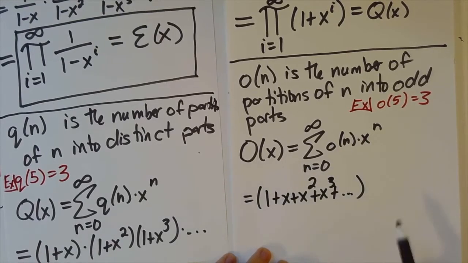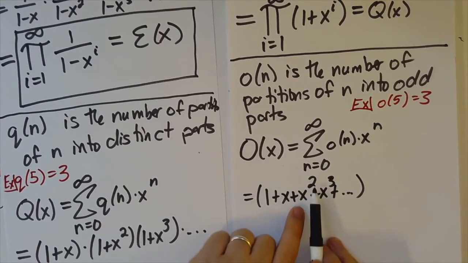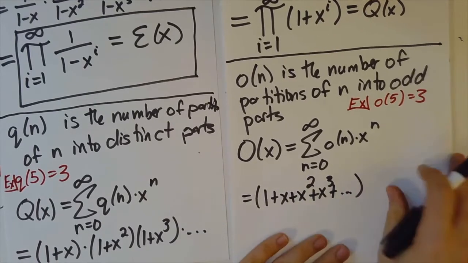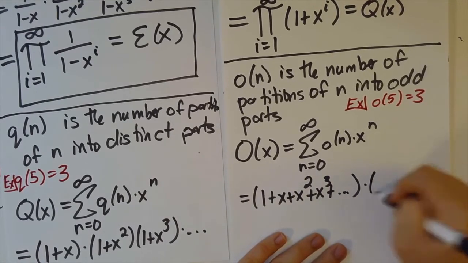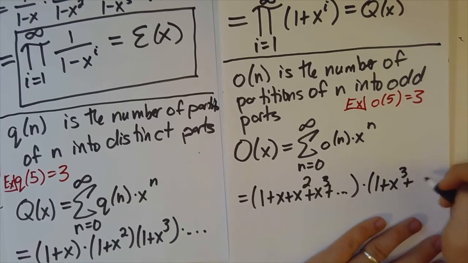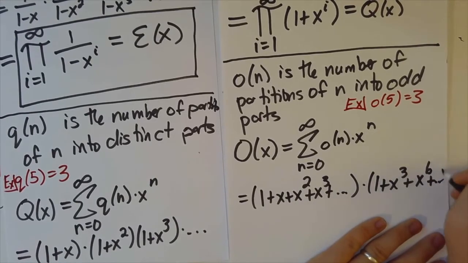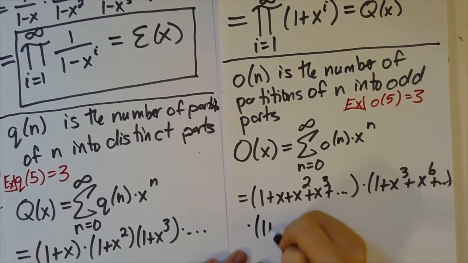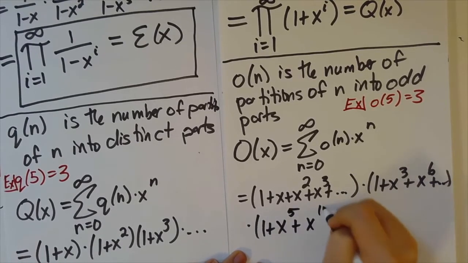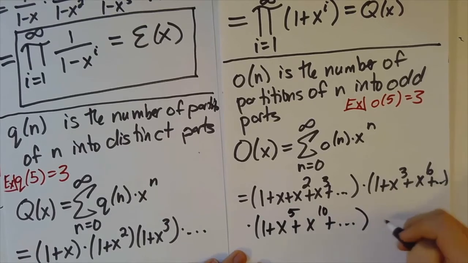Okay. Again, note it's okay that this x squared is even, because that's corresponding to saying I'm using two ones, and 1 is odd, even if I have two ones. I can't use any 2s, so I skip straight to 3s, and then to 5s. And so on.